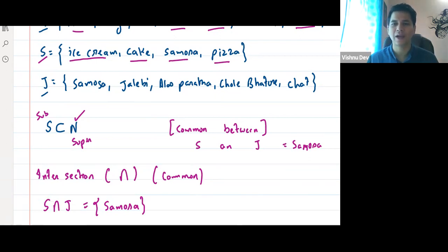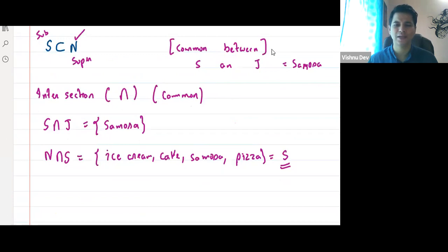But try to keep things simpler. You can write in any form, in set builder form as well as roster form. There are no issues. But here it is only one element, so you just write the common element between this and this. You have to write like this.